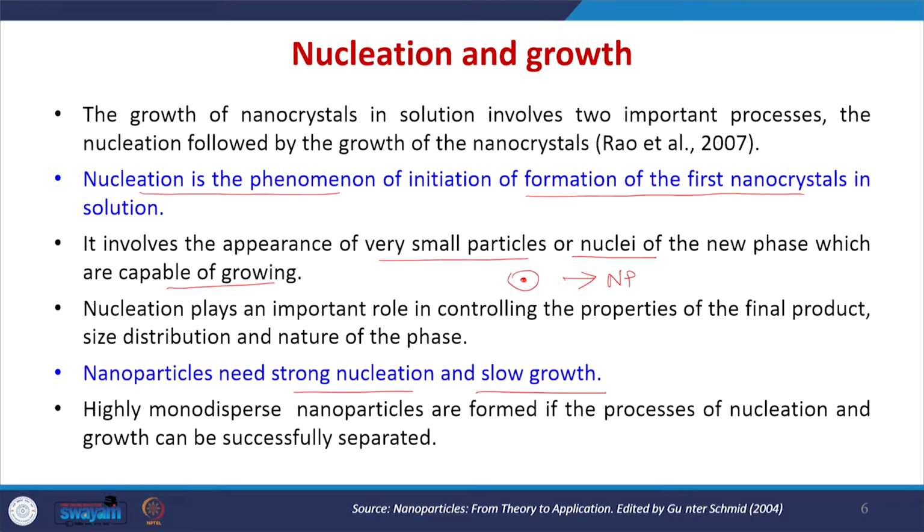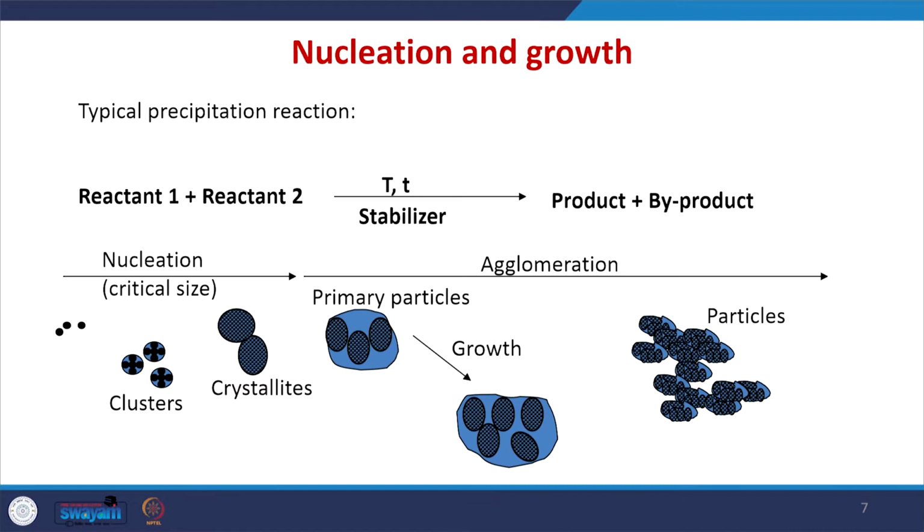Let us learn about nucleation and growth in detail with the example of a precipitation reaction. Once you add the metal salt and reducing agent, all the metal salt will be reduced into metal atoms, and these atoms combine and form clusters, and these clusters combine and form the crystallites. So, this step is the nucleation.